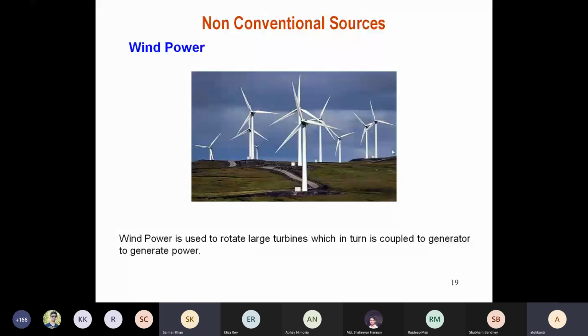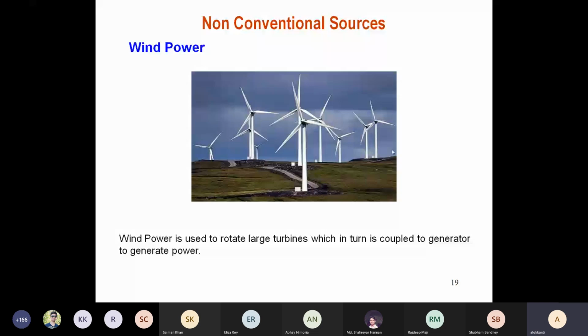Wherever there is a lot of wind, in Jaisalmer or in the coastal areas, you can just use this and generate power. No need of burning any fuel. In many European countries, almost 70 to 80% of the whole country's requirement is generated using wind power. In India also we should try to maximize the production of wind power wherever we have the potential.